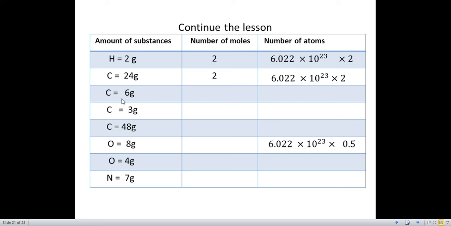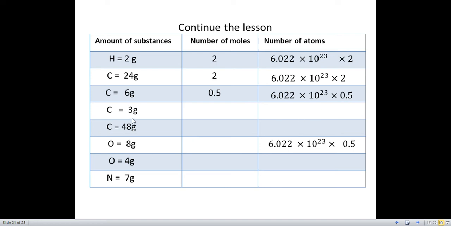Then carbon, if we take carbon 6 grams, the mass number of carbon is 12. This is half. So what is the number of moles here? 0.5. What is the number of atoms here? 6.022 × 10^23 multiplied by 0.5.